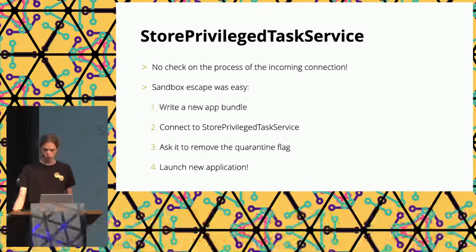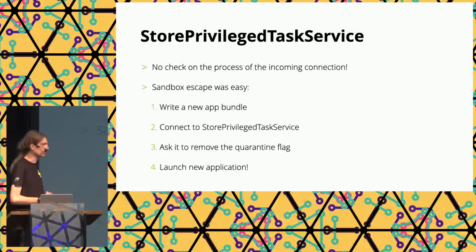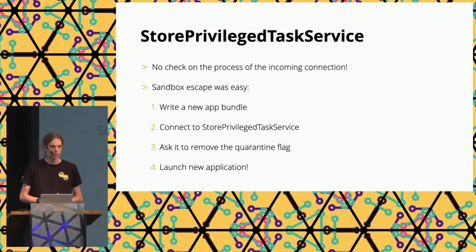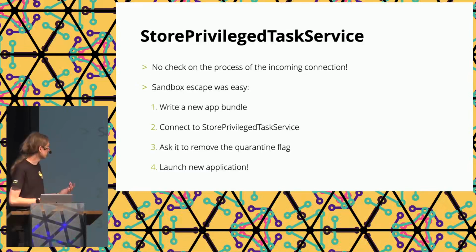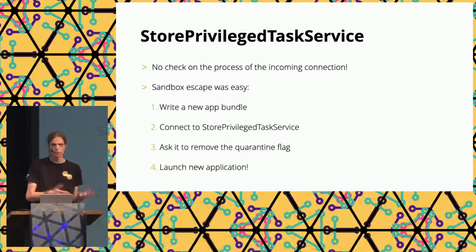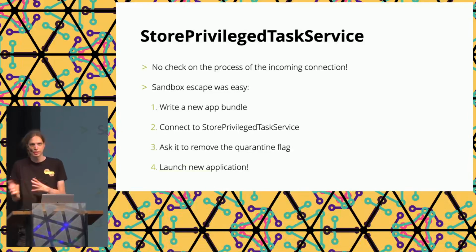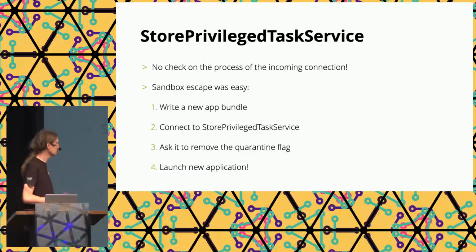And this service was also missing any check on what application was requesting it to do something, which made it very easy to write a sandbox escape, because you can write a new application. You can ask this service to remove the quarantine flag, because if a sandbox application creates a new file, it's always quarantined, just like if you downloaded it.